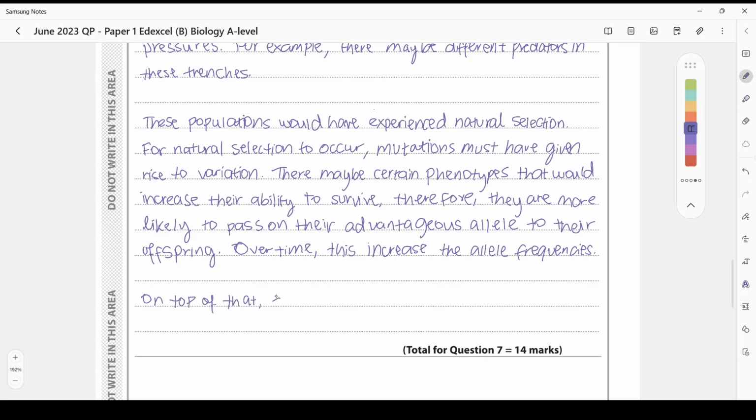That there is no interbreeding between the populations, which means no gene flow occurs.